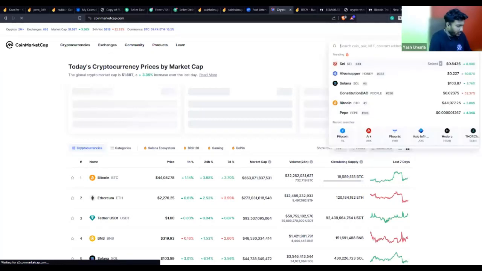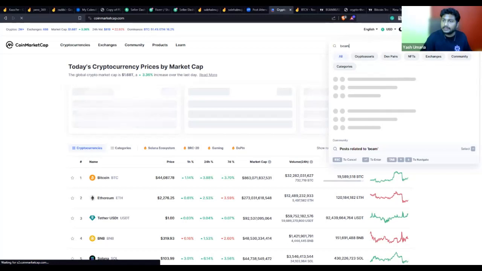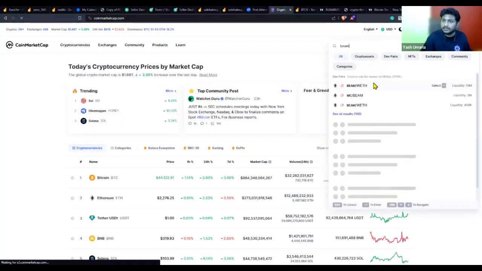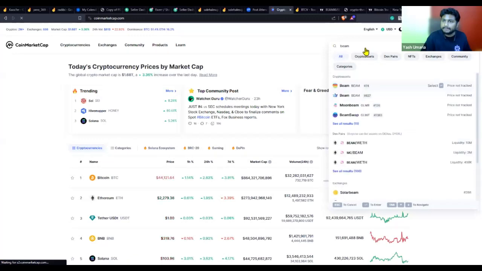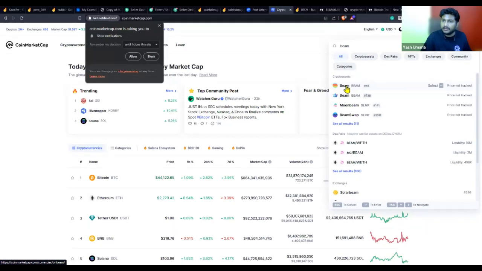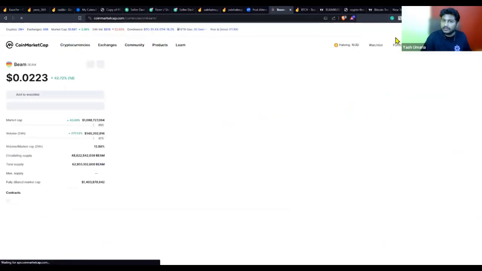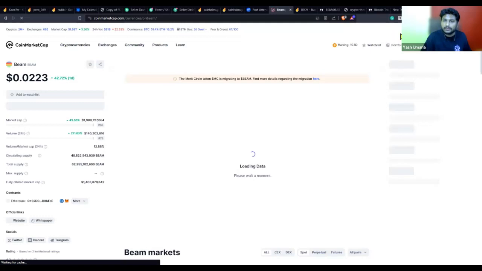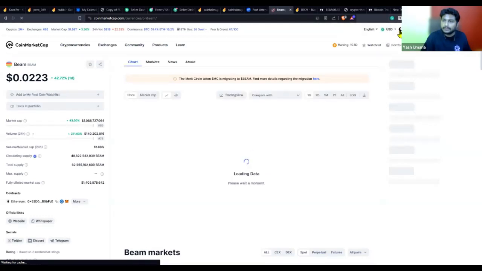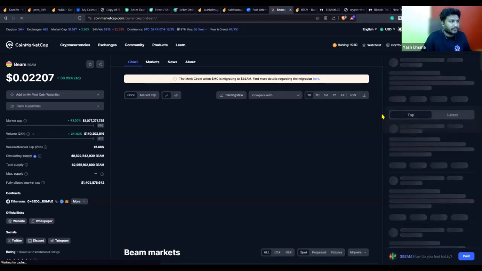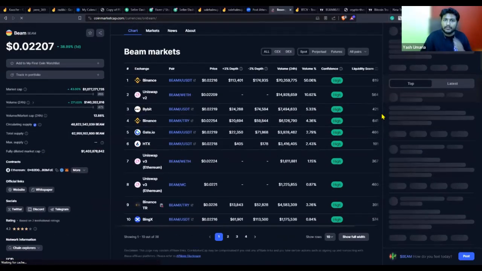By the way, this Beam coin, BeamX, Beam. This is Beam, right? Yeah, it is on Binance also.